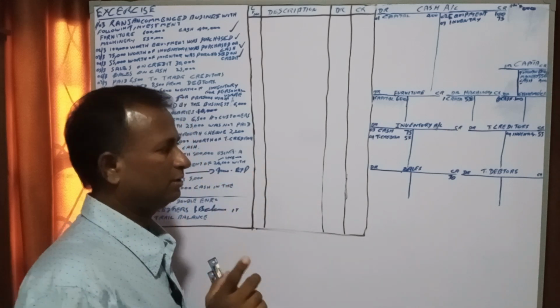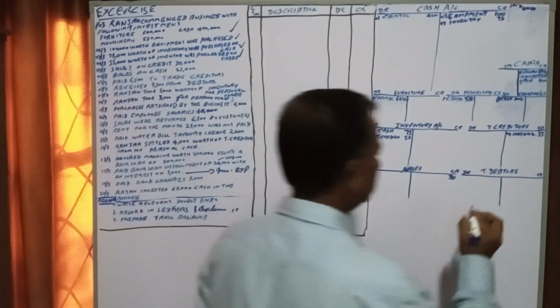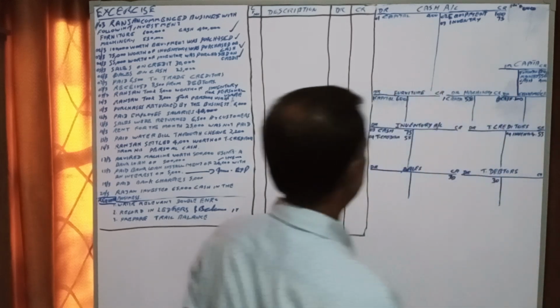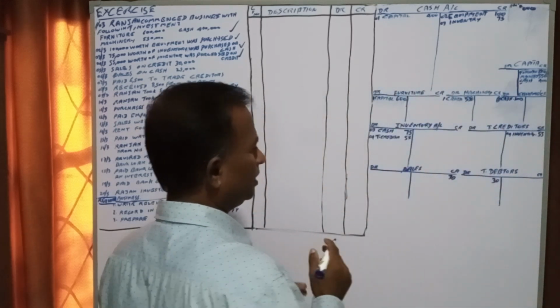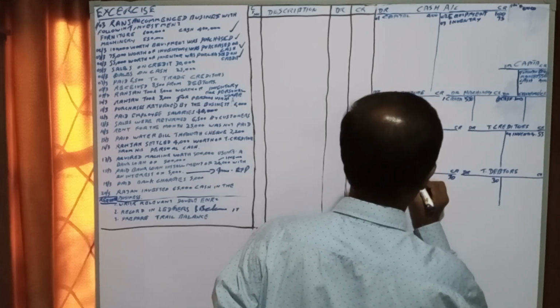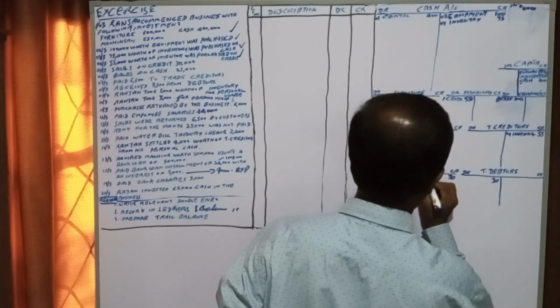So he is called a debtor, trade debtor. For the trade debtor, we have to receive, so that has to be debited. So the reference will be, here you will say on 5th of March, trade debtors.